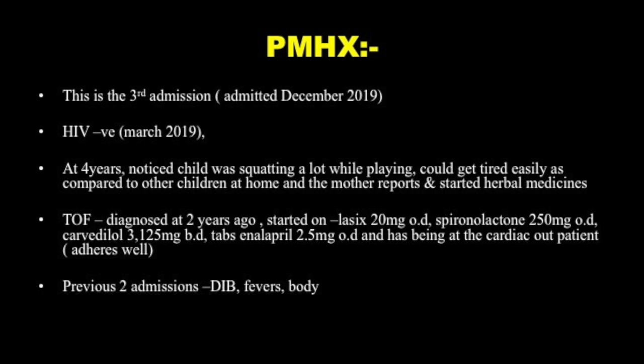Tetralogy of Fallot was diagnosed 2 years ago and he was started on Lasix 20 milligrams OD, spironolactone 250 milligrams OD, carvedilol 3.125 milligrams OD, and tabs enalapril 2.3 milligrams OD. He has been a cardiac outpatient, adhering well, going to the clinic every 2 months. The previous 2 admissions were mainly due to difficulty in breathing, fevers, and body weakness.